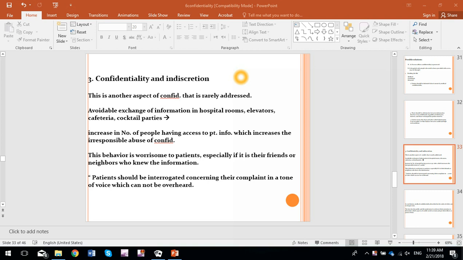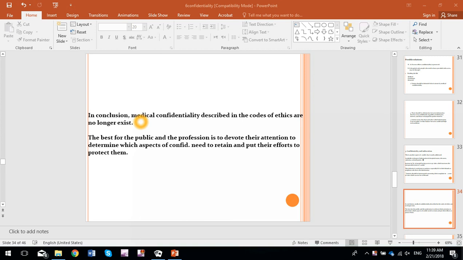And this is another aspect, which you can see in reality. You go to the hospital and find 17 people around the patient asking, what is your complaint? Of course the patient next to him hears, and the people in the corridor hear what they are saying. So this is another worrisome thing related to confidentiality which needs to be taken care of by interrogating the patient in a tone of voice which cannot be overheard by others.